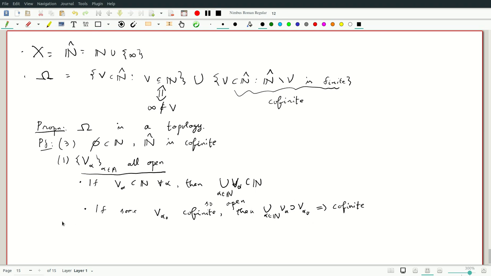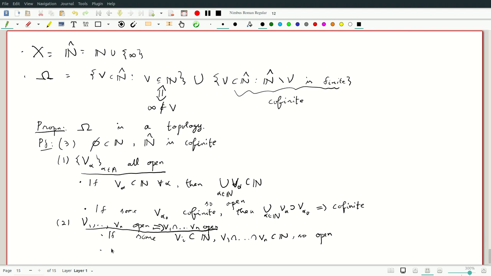Now secondly, if I take finite intersections, so V1, ..., Vn are all open, that is they all belong to omega, we are considering V1 intersection ... intersection Vn. Let's assume the hypothesis as before, and again there are two cases. If some Vi is contained in N, then V1 intersection ... intersection Vn is contained in N, so open.